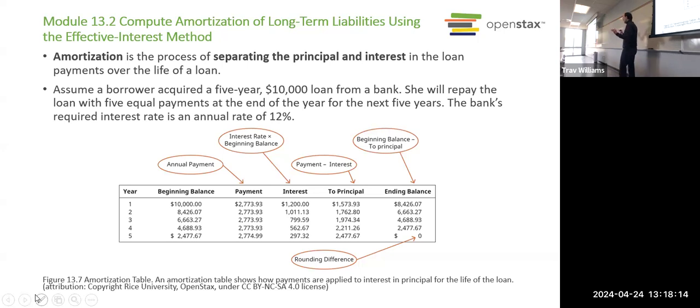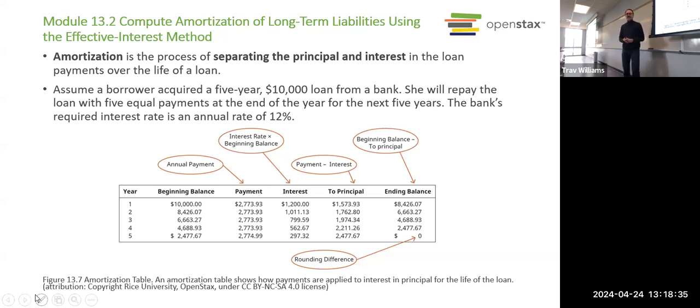But just the fixed rate mortgage itself stays the same, but more and more of each payment is going towards principal as you proceed through the loan. At the beginning, the majority of your payment might be going towards interest.